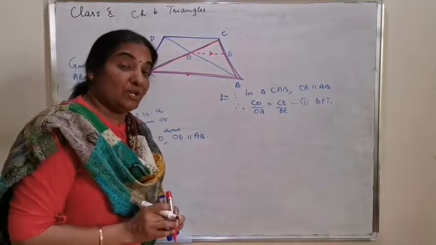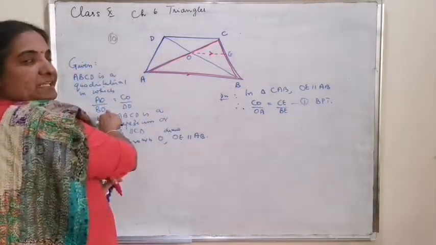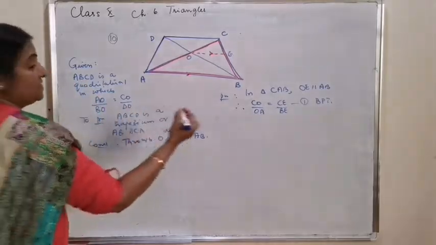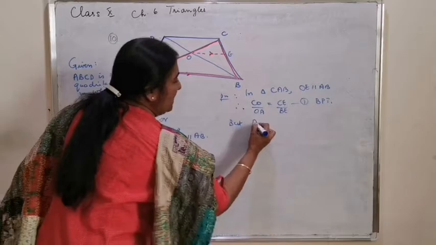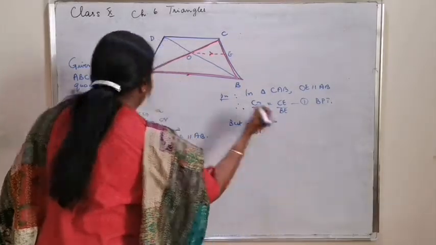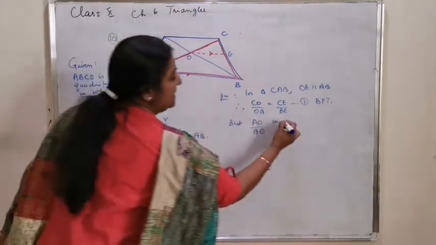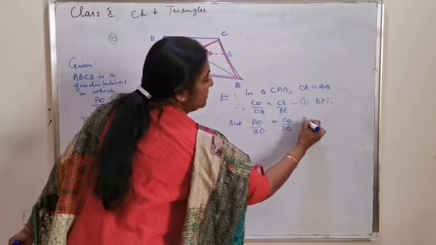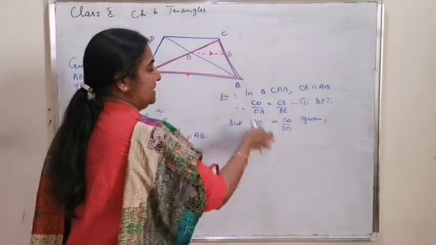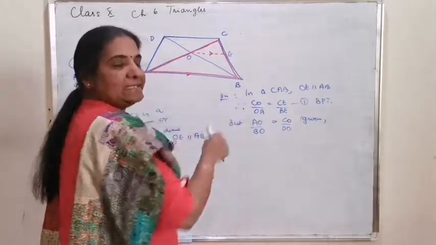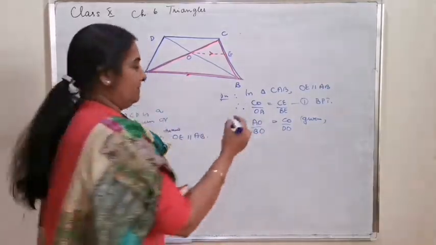Now what is the second choice? The given condition. What is the given condition? The given condition is AO by BO is equal to CO by DO. It is already given. This given condition we can cross multiply and make as CO by OA.